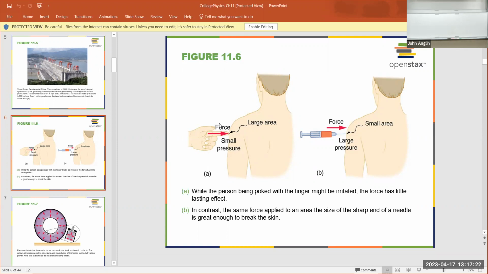You're getting a shot. So if we take a needle and we apply the same amount of force, just that gentle push with a finger, but instead of using the big fat surface area of your fingertip, you use this very, very tiny surface area of the tip of the needle, you're going to feel that. The harder you push, the more you're going to feel that.